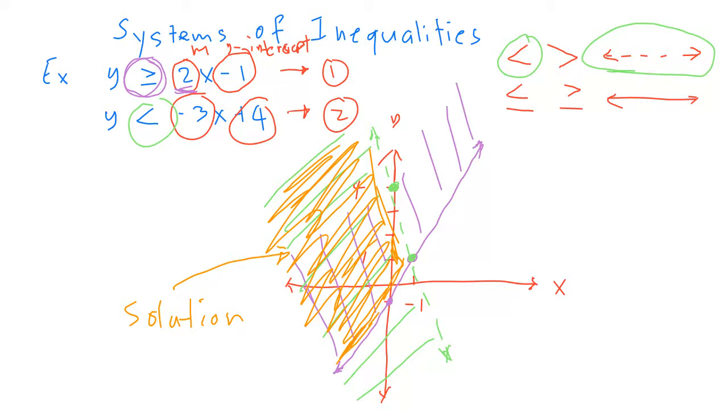Okay, so the boundary point would be this 1 comma 1 here. That's the boundary point. You can see the green line, the boundary part of that line on the upper part, and the bottom part of the purple line is downward.